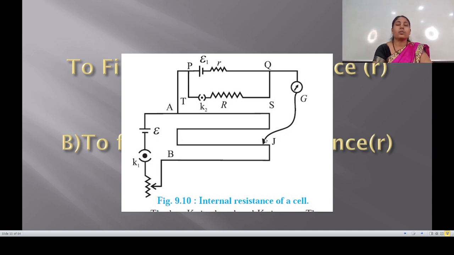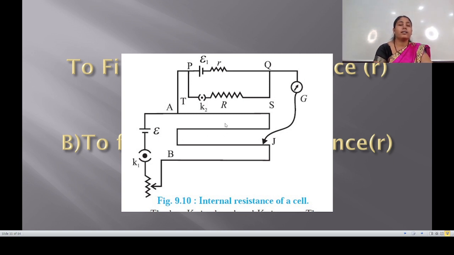With the help of the jockey we can vary the point. At one point we will get a deflection at length L1, and when L1 is calculated, we will get L2 by subtracting from 400.